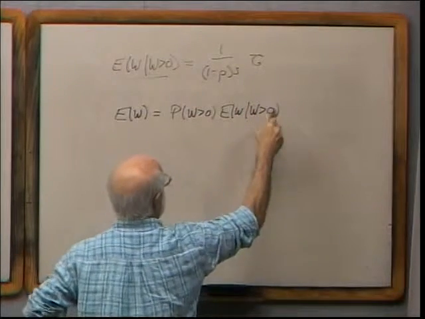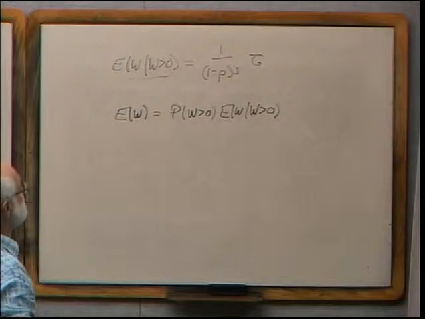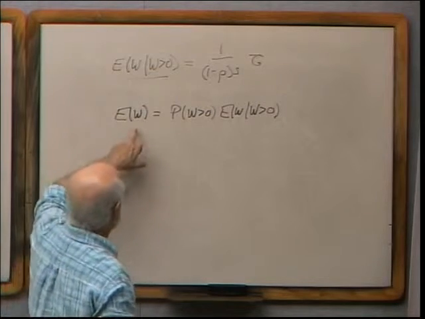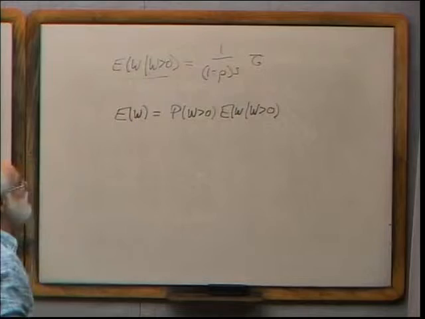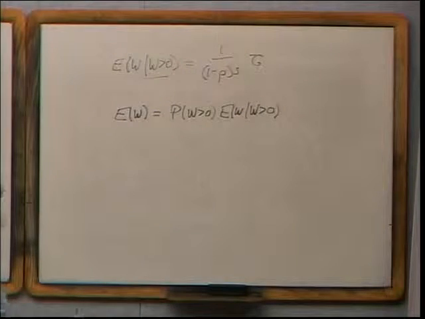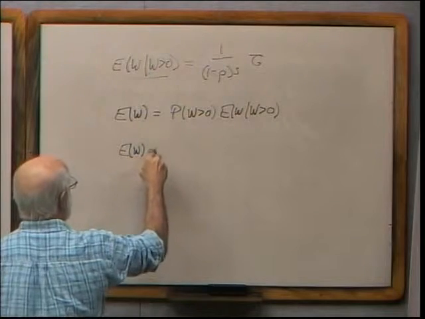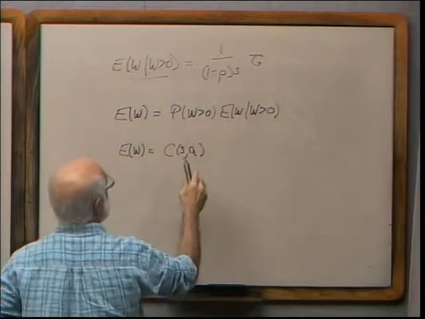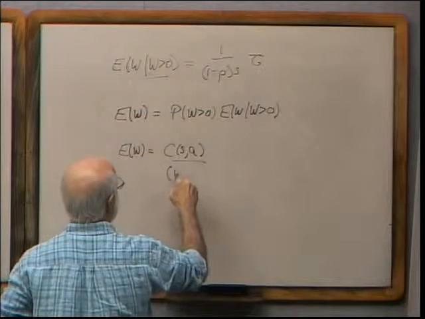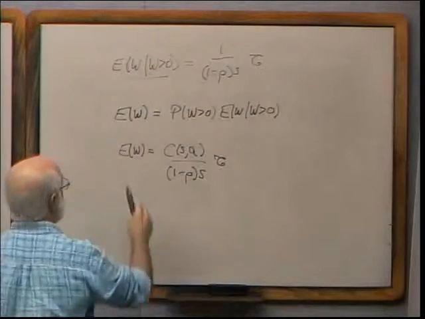This is a standard formula from probability for conditional expectations. So in order to get the average waiting time, I simply take this equation here and multiply by the probability of waiting greater than 0, which is the Erlang-C formula. So the average waiting time is equal to the Erlang-C value divided by 1 minus rho s, times tau. So this is an important result.